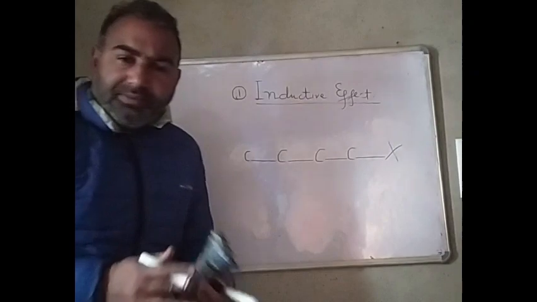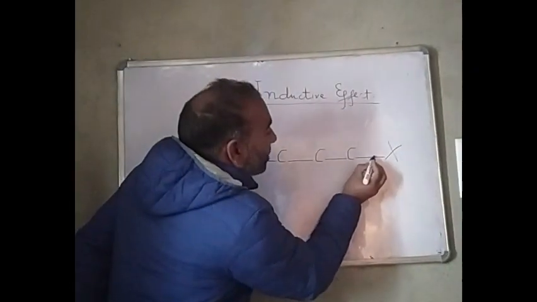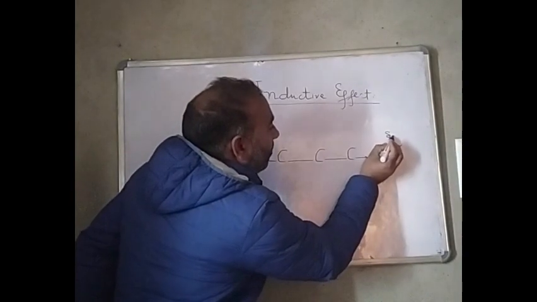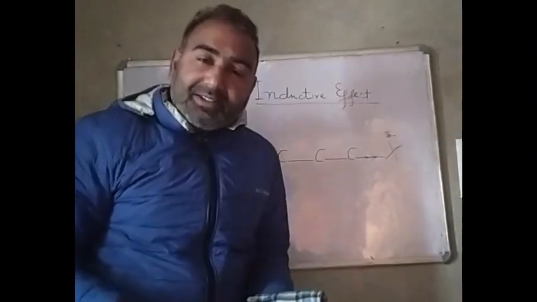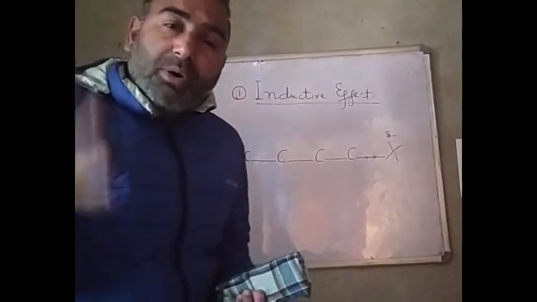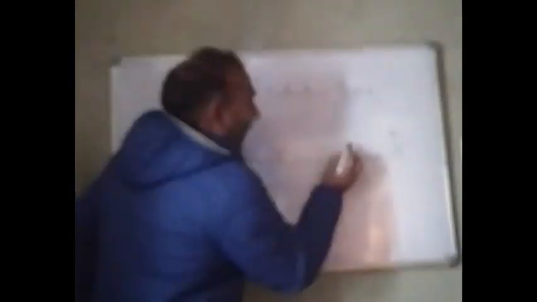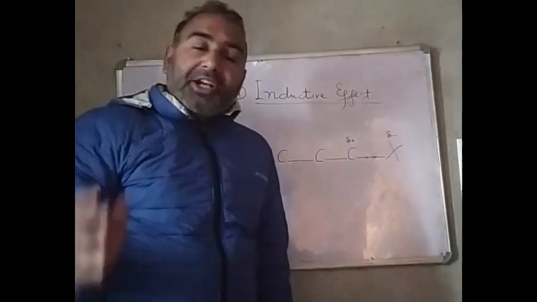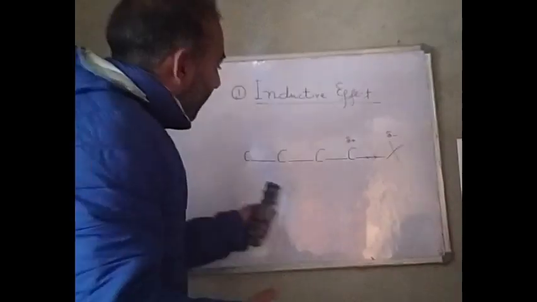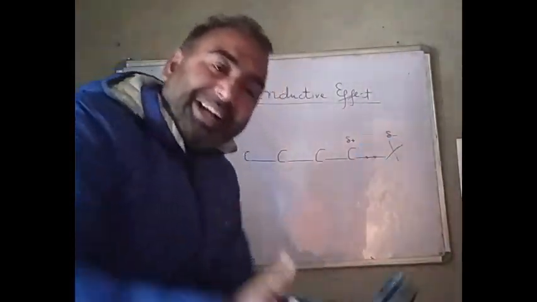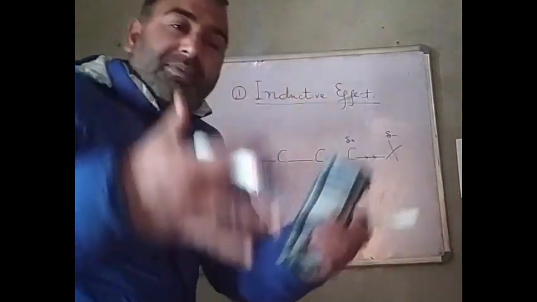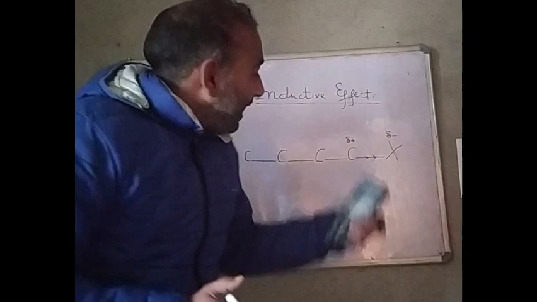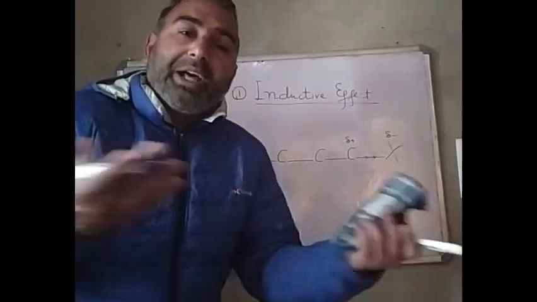Then what will happen? Common sense: this covalent bond will shift more in the direction of X, because X is more electronegative, and this carbon will acquire a partial positive charge, because sigma electrons get displaced towards the more electronegative element, thus creating polarity, polarization.